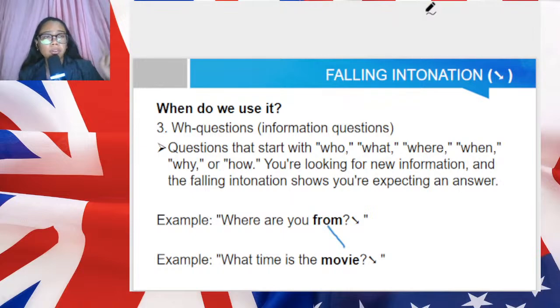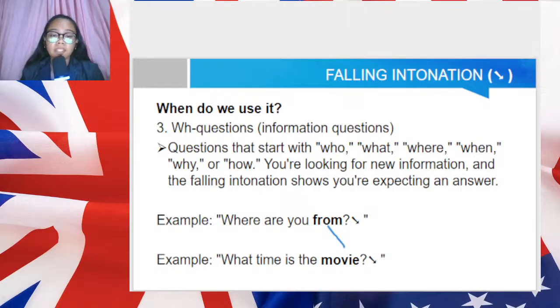You make sure the last word is raised. It might sound like you're confirming something you think you heard, or perhaps expressing disbelief rather than genuinely asking for new information. The subtle difference in intonation completely changes the implied context of the question.